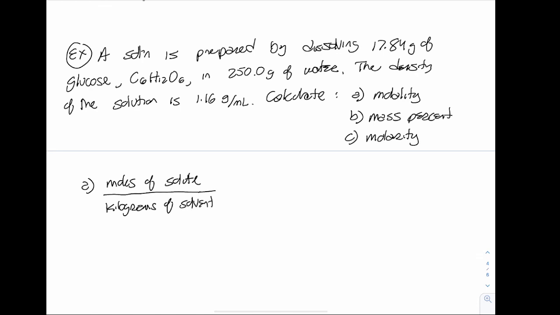So water is my solvent in this case. So I do have grams of water, so we just need to move our decimal place over 3, right? Divide by 1,000 to get to kilograms. So that part should be pretty straightforward, and that's going to be the one on the bottom. And then moles of solute, I have grams of glucose. We have the molecular formula, so we're going to convert from grams to moles using the molar mass. So moles first.